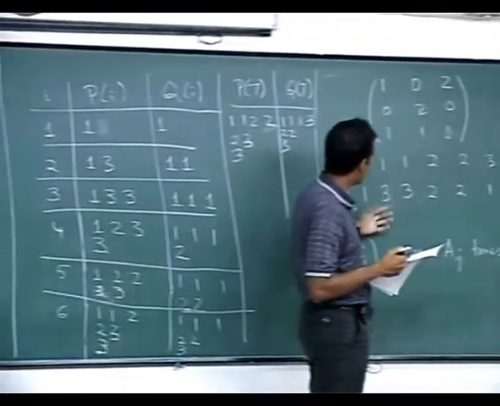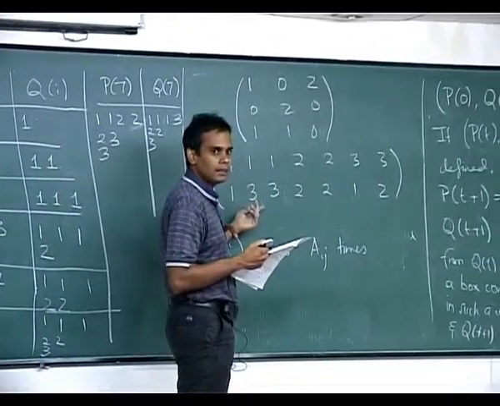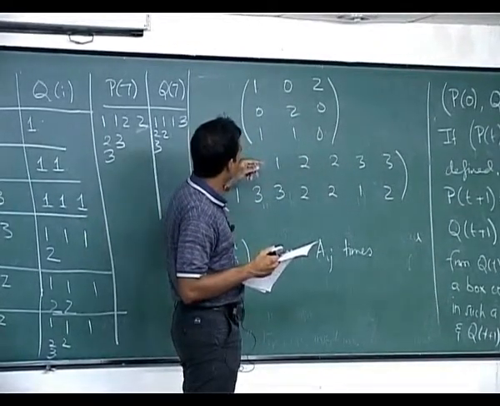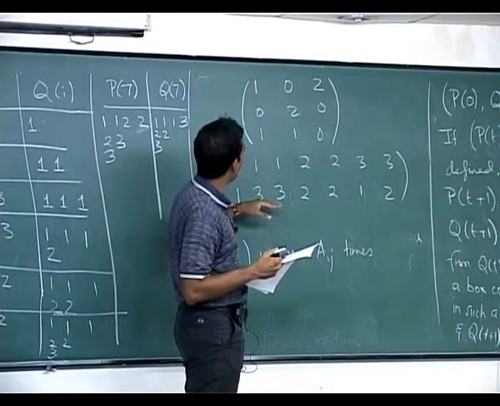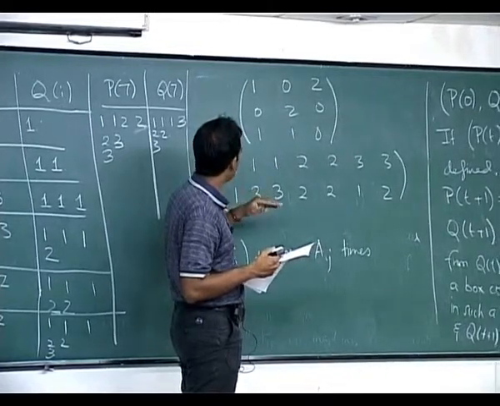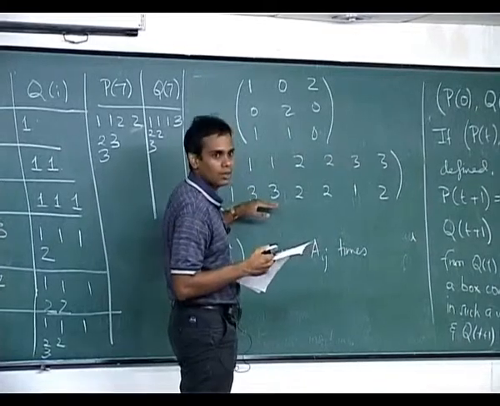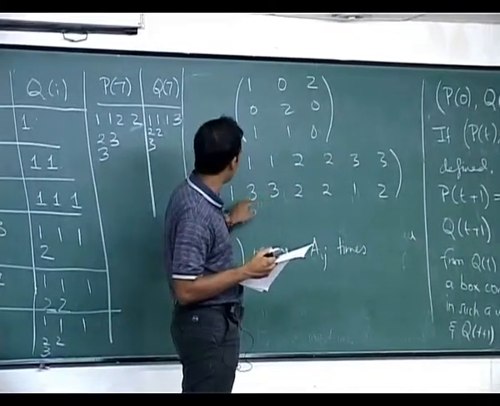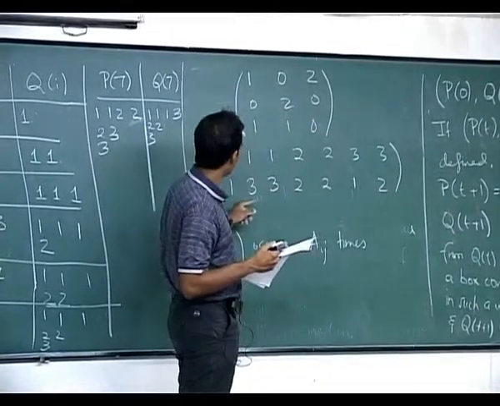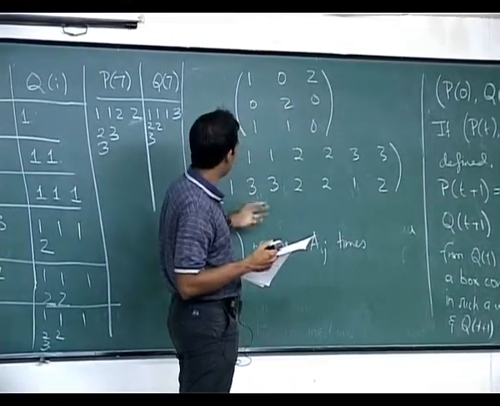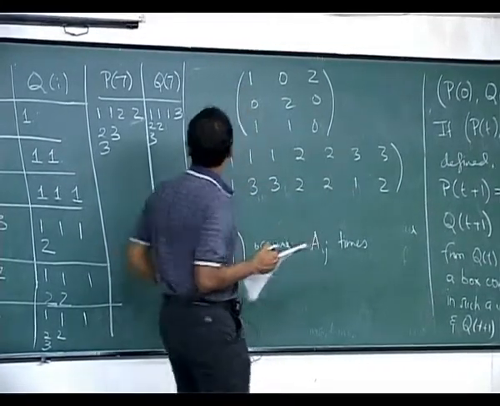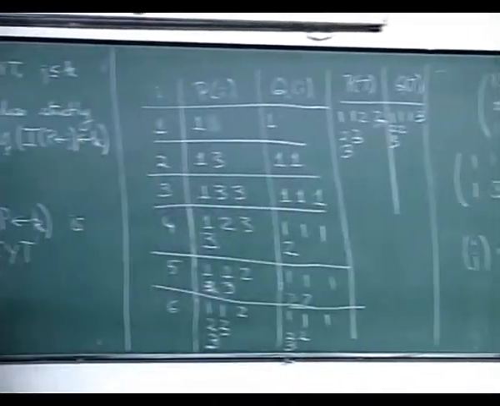So, the number of times you insert 3 into P is the sum of the third column, right? Here 3 occurs twice because the third column has only 2 entries. The number of times you insert 1 is the sum of the first column. So, the types are clear.